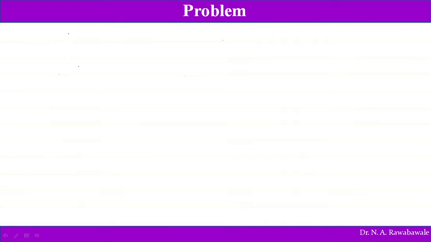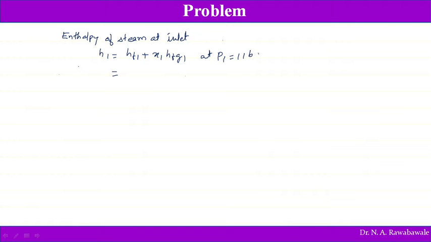First we can find the enthalpy at inlet. The enthalpy of steam at inlet is given by H1 equal to hf1 plus x1 hfg1. Actually x1 is not required because the dryness fraction x1 is given as 1, that is dry saturated steam. This is taken at pressure P1 equal to 11 bar from the steam table.